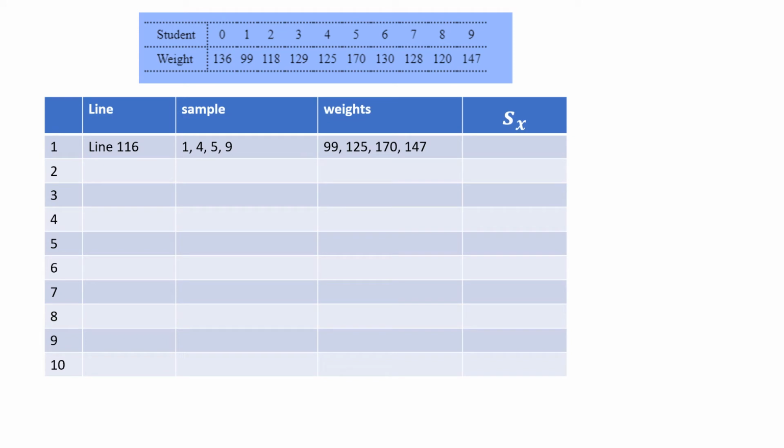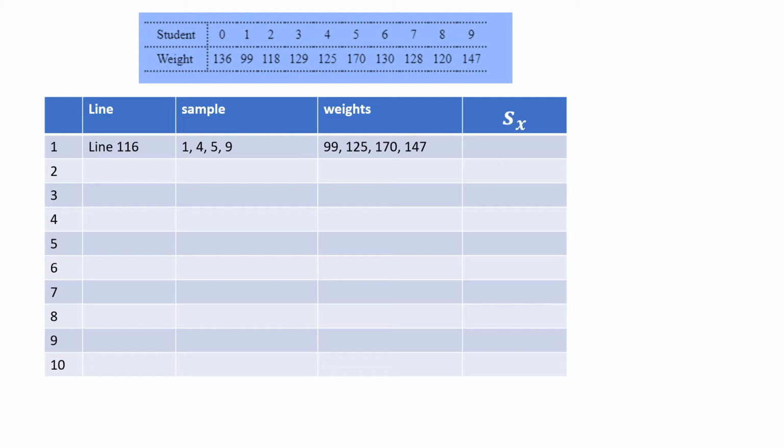For the same distribution, for each sample, instead of finding x bar, I can even find the standard deviation. So for each line, line 117, 118, 119, etc., I can find in the last column not x bar, but the standard deviation.